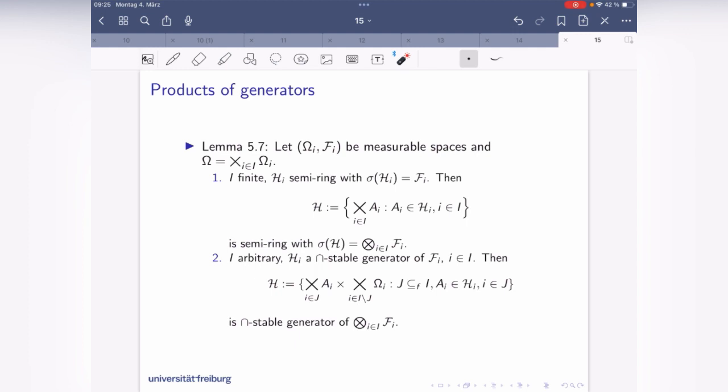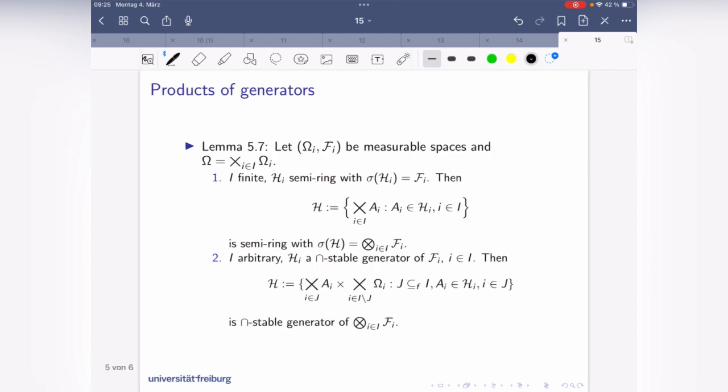The first is for a finite index set. So if you have semi-rings on all indices and you make the set system of all products of elements in the semi-rings, then you end up having a semi-ring again. And I'm not going to prove this. You can look that up in the manuscript, but I'm drawing one picture.